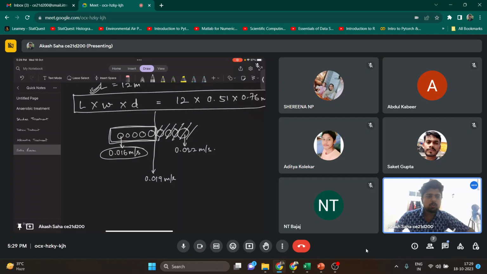But to control our cost, to control our time, we don't always go for 100% removal of these particles. We don't need to. Maybe in the later stage, it will get removed. These particles are too small to be removed by grit chamber. So we will make sure that in the next stage it will get removed, or with some other treatment facilities it will get removed.